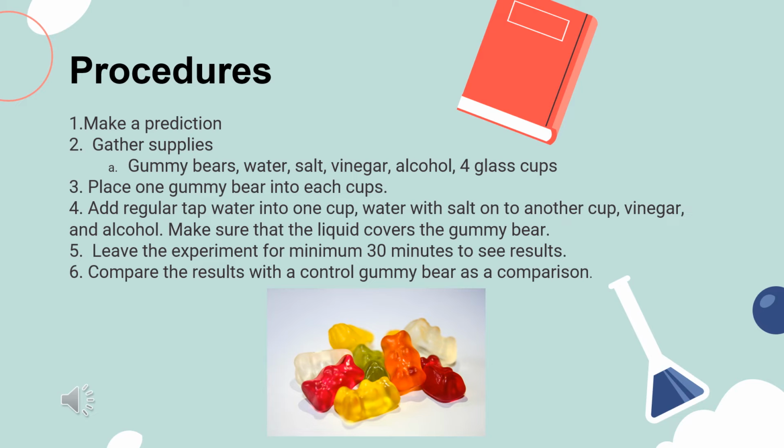The gummy bears have a selectively permeable coating which allows water molecules to diffuse across, but it also inhibits other larger molecules. In this osmosis experiment, the water molecules will move through the bear. That's why you will see in the results that the gummy bears are larger.